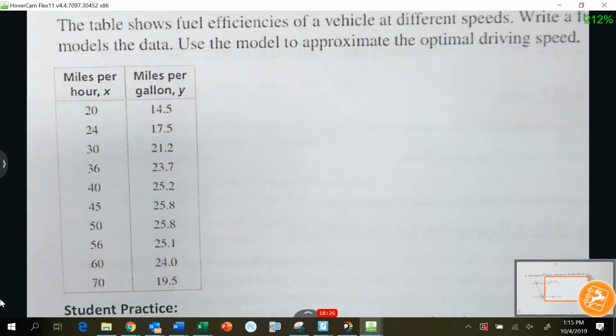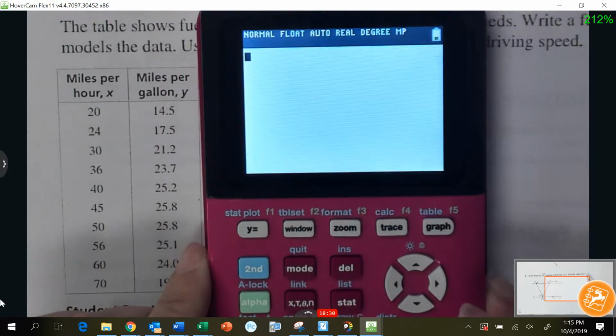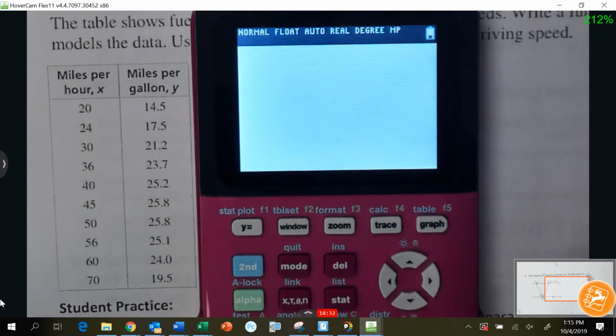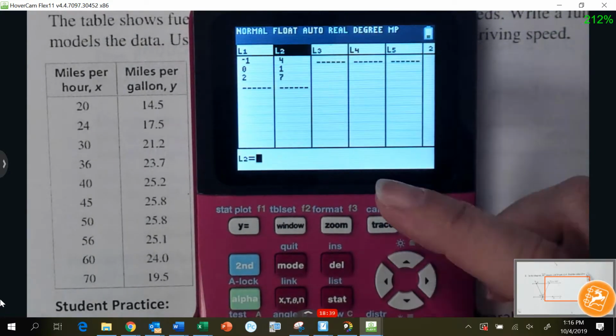So what I want you to do is, with your graphing calculator, we're going to enter this data in L1 and L2. What button do I start at? Stat. Got it. Edit. Go up and clear the stuff we did last time.